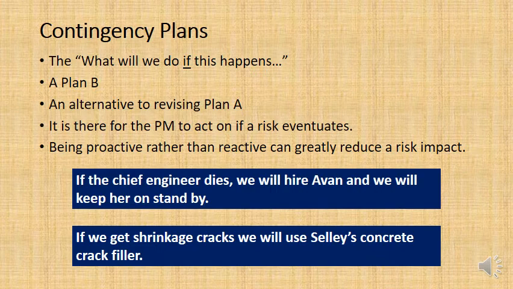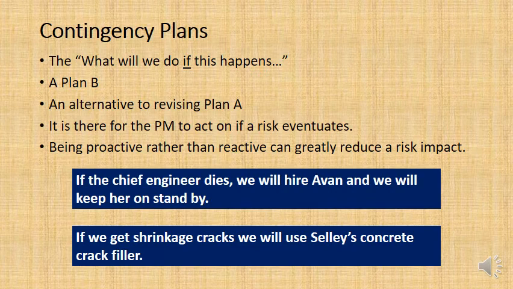So potentially you're not changing the risk, you're not trying to reduce or avoid or transfer the risk, but you're accepting the risk, and you're saying, if this risk happens, what will we do? So this is an alternative to revising plan A. You're basically making a plan B.